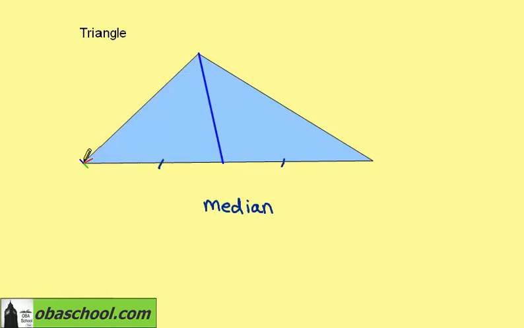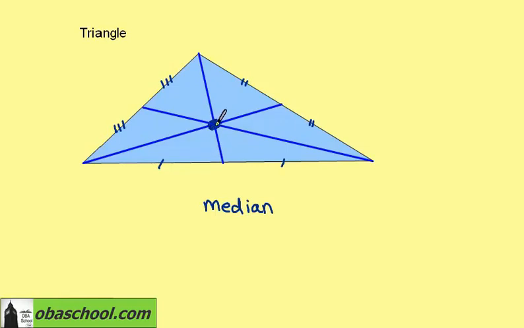If we take another median line, so it will go to the midpoint of this side, and also the third median line, they all meet at a point. We can see the point here. The center of mass will be at this point where the three medians meet.